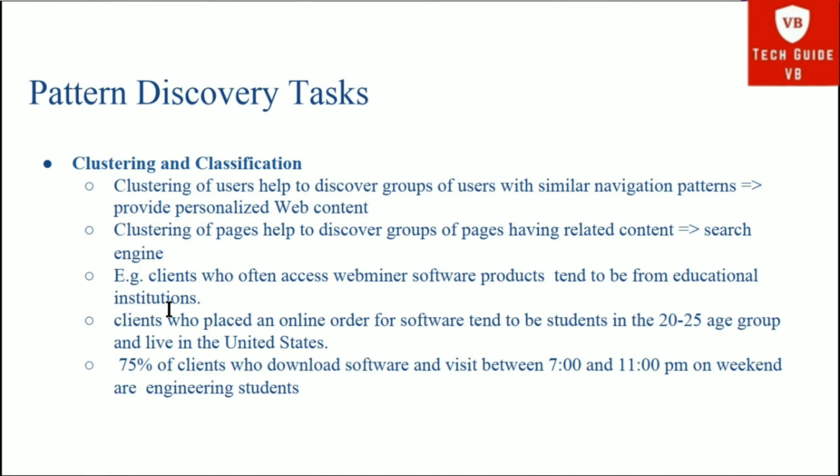Clients who have placed an online order for software tend to be students in the 20 to 25 age group and live in the United States. 75% of clients who download software visit between 7 and 11 p.m. on weekends and are engineering students. So this is the pattern discovery using clustering and classification.